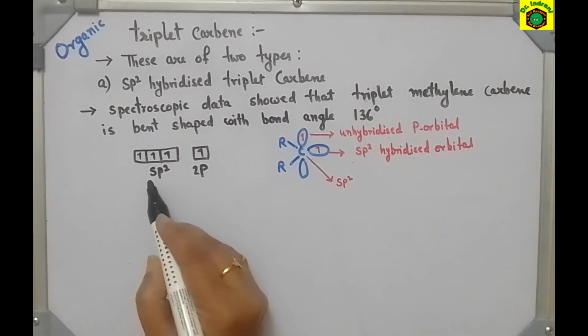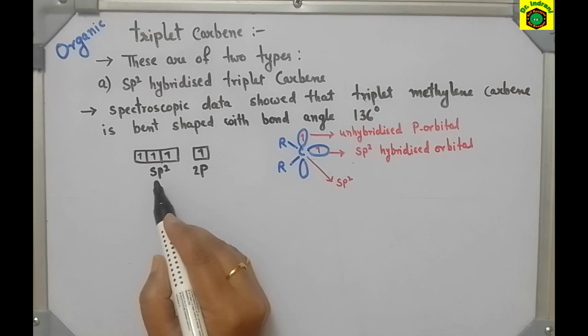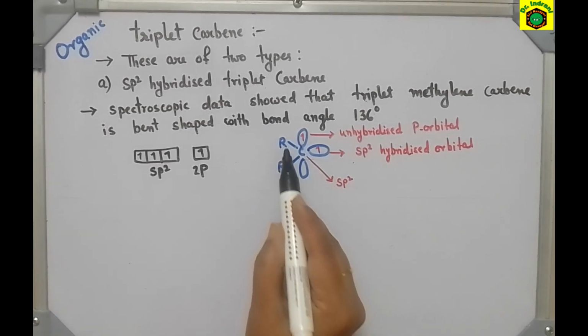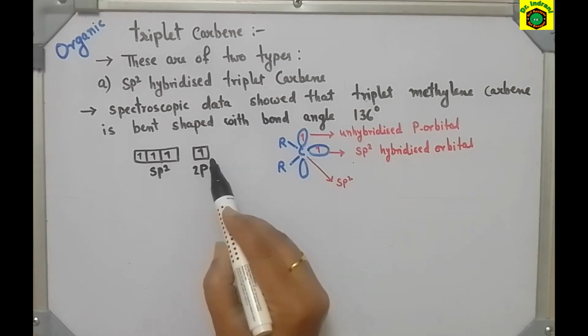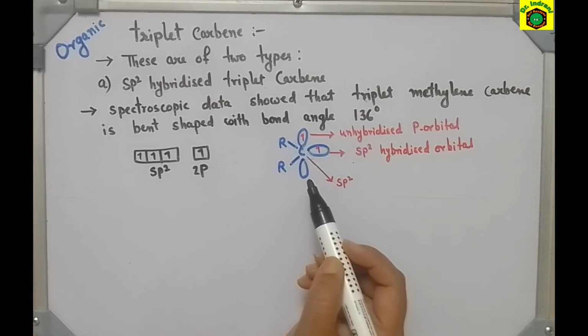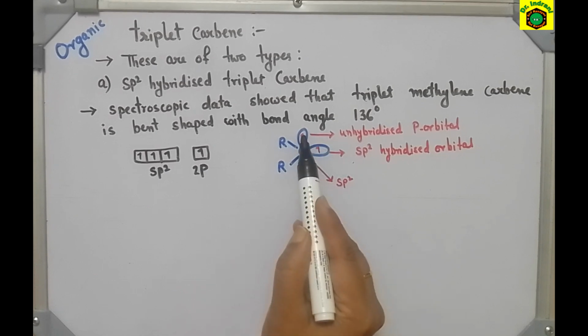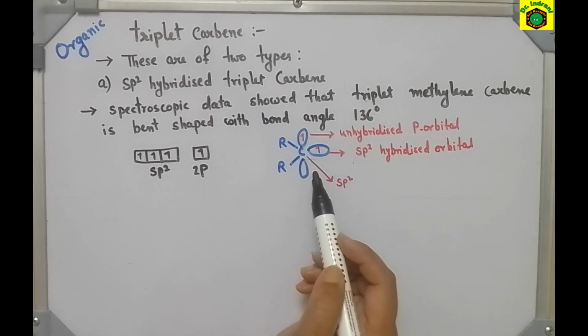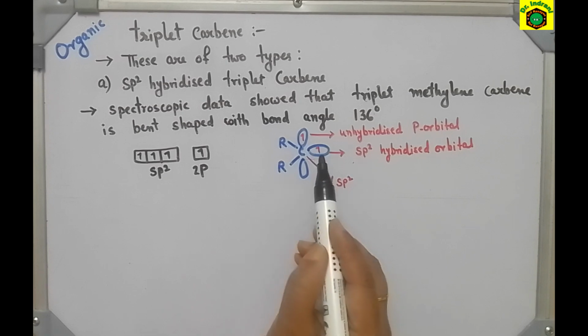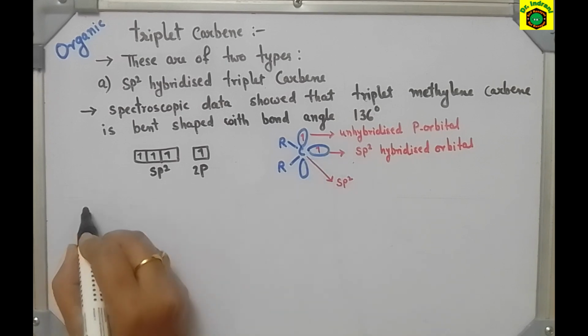Two of the three sp2 hybridized orbitals are utilized to form two covalent bonds. The two non-bonding electrons have parallel spins, and both the sp2 and p orbitals contain one electron each. So here the unpaired electrons show properties of diradicals.